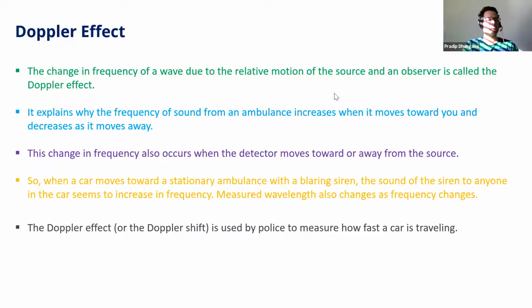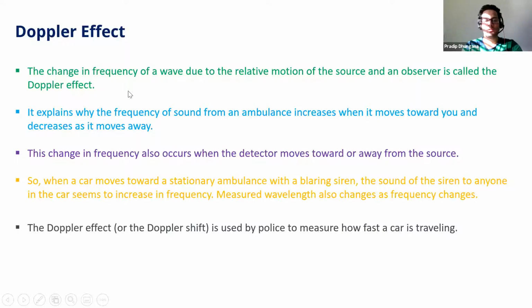Suppose you are standing somewhere, and you hear a siren from an ambulance or a horn. When the ambulance reaches nearby, you hear a louder sound, and when it goes away, you hear a lower sound. This phenomenon is called the Doppler effect. There is a change in frequency of a wave due to the motion of the source and observer.